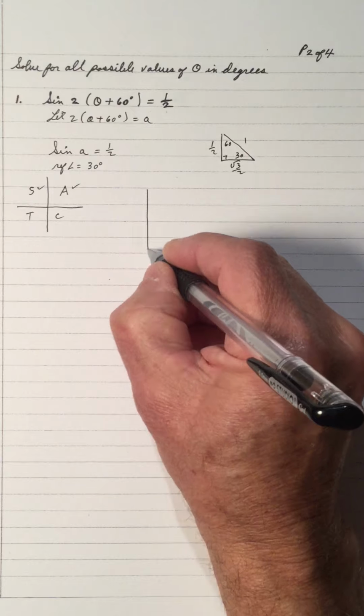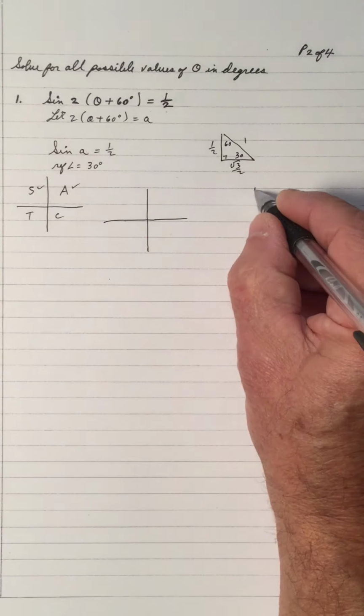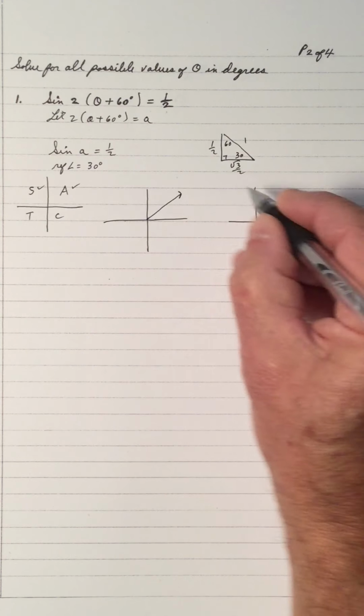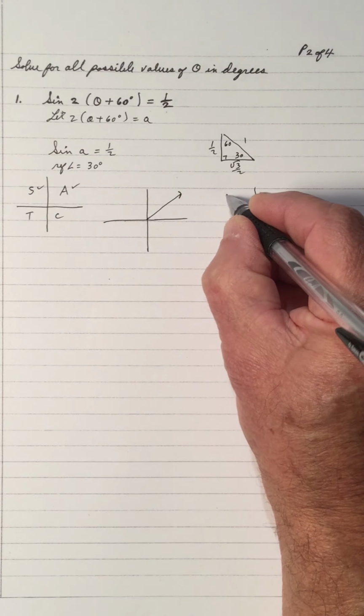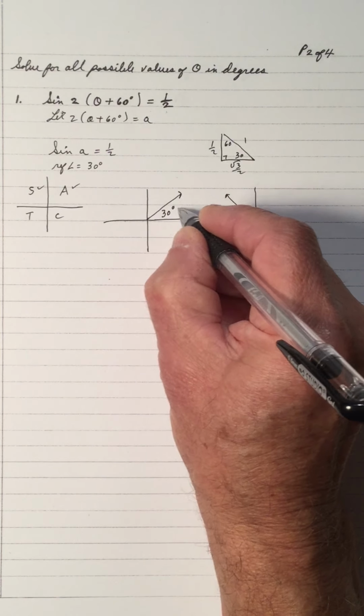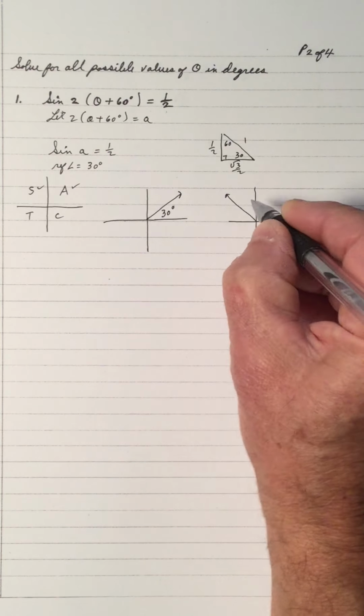So we have, draw the two different quadrants. So we've got quadrant 1, terminal arm, quadrant 2, terminal arm. The reference angle is 30, so the reference angle is between the terminal arm and the x-axis.